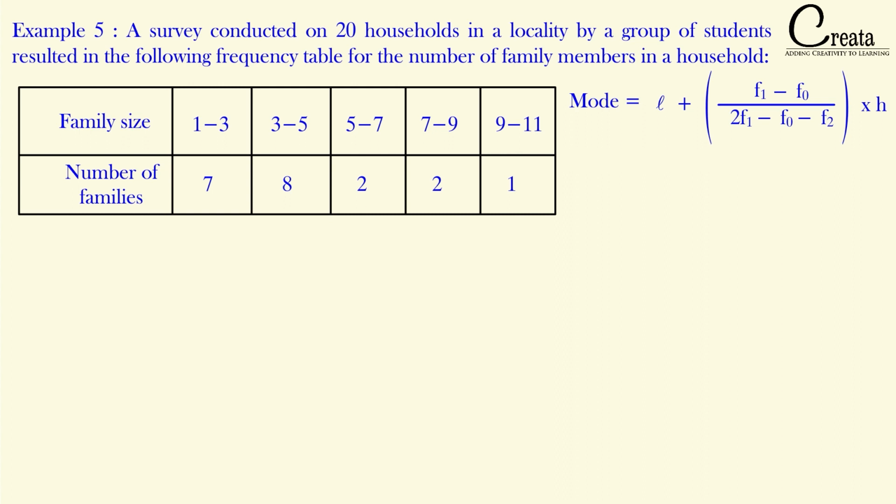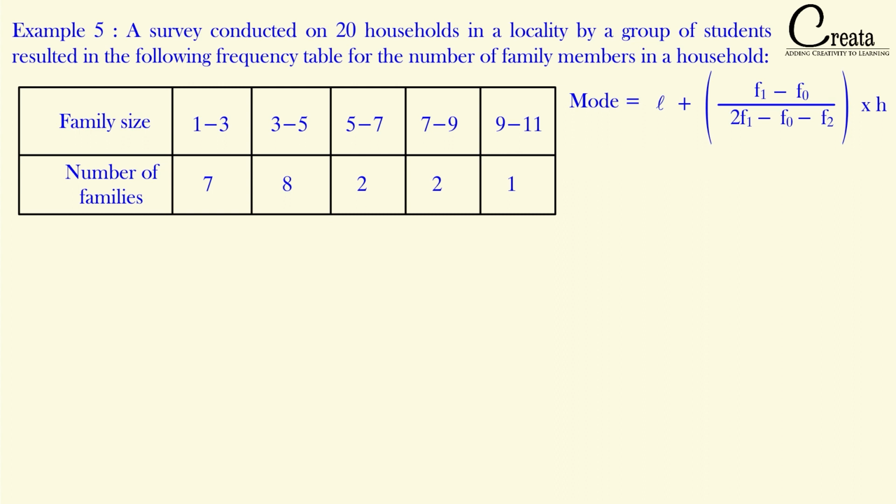This is an example, or a question, which is example number 5 of the NCERT. Let's first review the question. A survey conducted on 20 households in a locality by a group of students resulted in the following frequency table for the number of family members in a household.